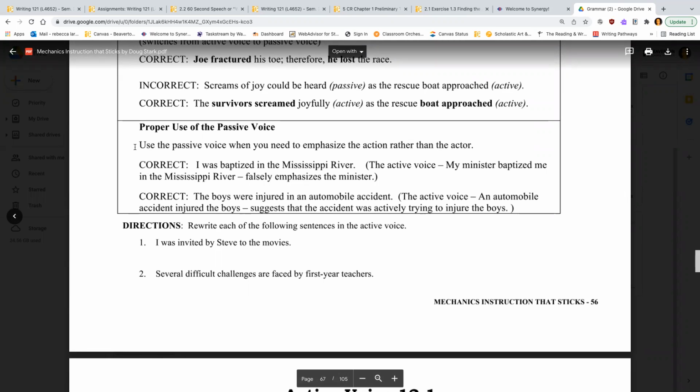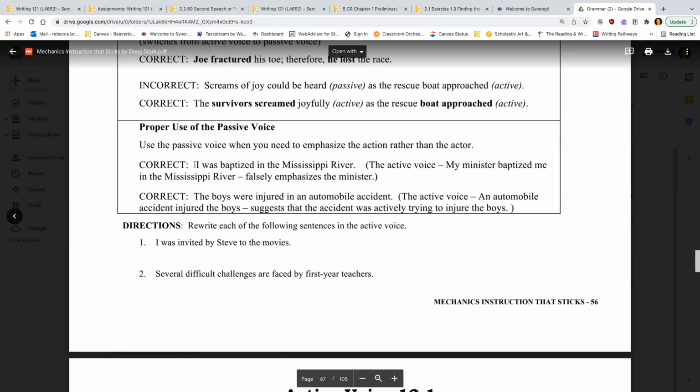"A car was robbed on Broadway," and so on. They don't know who robbed it, so the focus is on the car was robbed. We don't know who. When politicians apologize, they say things like, "Mistakes were made." They don't say, "I made a mistake," right? So you hear it a lot in public discourse, and there are reasons why the subject is left out.